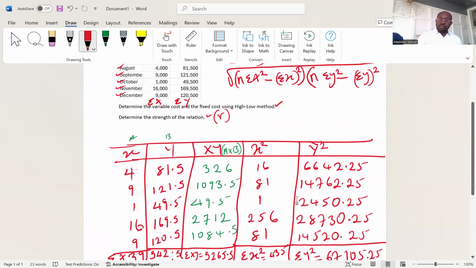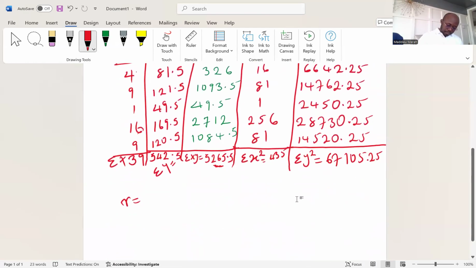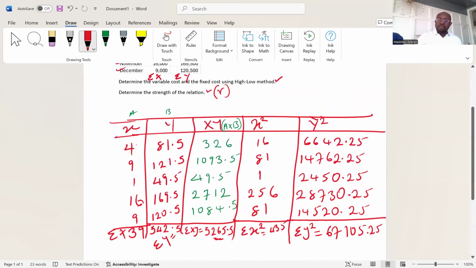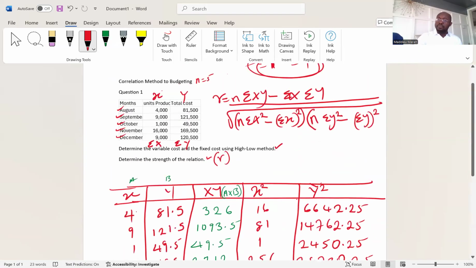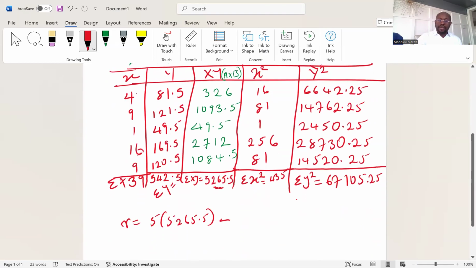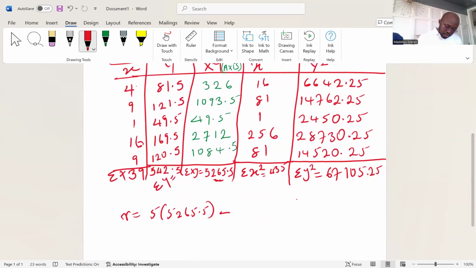Okay, so let's go with the formula. 5 into 5265.5 minus, go to the formula again. Sum of x we have 39, and sum of y we have 542.5.